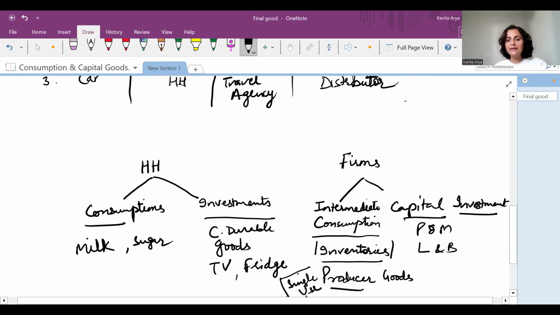So these are single use producer goods. Hence, these are intermediate consumption for the organization. So all capital goods help in production, hence they are called producer goods. But all producer goods are not capital goods in nature. I hope you got the concepts clarified. With this, let's say bye. See ya in the next video.